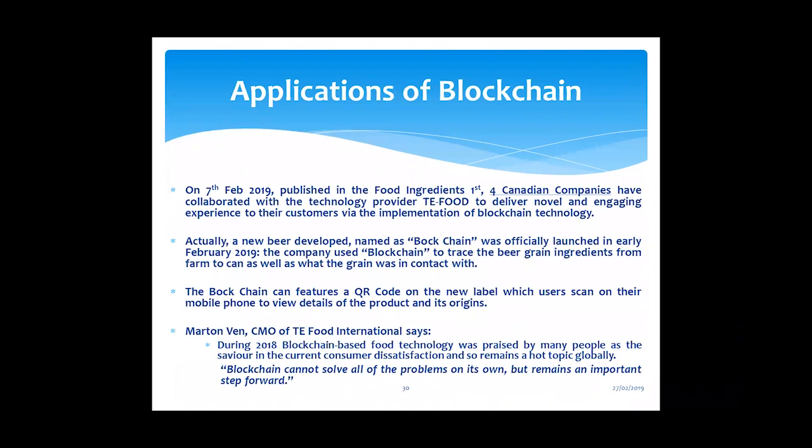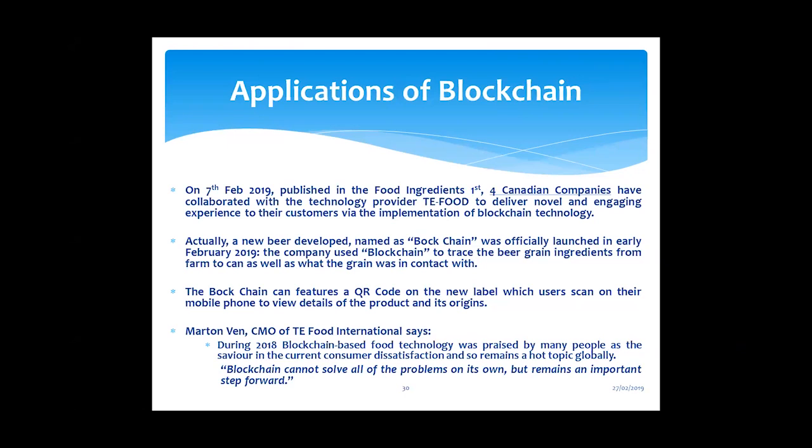Now, I'd like to touch on one major application, which was a breakthrough in Canada, where 4 Canadian companies have collaborated with T-Food to implement blockchain technology. Through this development, a new beer was developed, and interestingly, it was named Blockchain, which was officially launched earlier this month.